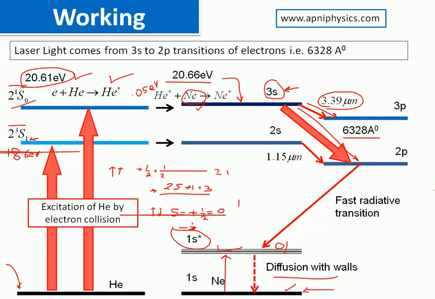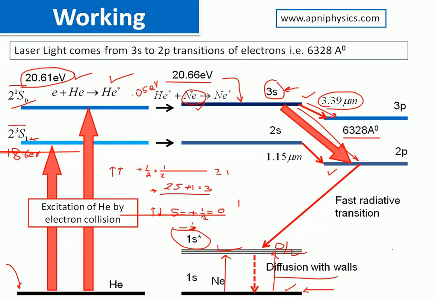So here you know that the helium neon gas laser has 4 energy levels. So 3 energy levels of the neon atom, 1, 2, and you consider it 3, because it is near about to the ground state, and the neon atom loses that energy, the difference between the actual ground state and this particular 1s star, by diffusion with the wall.